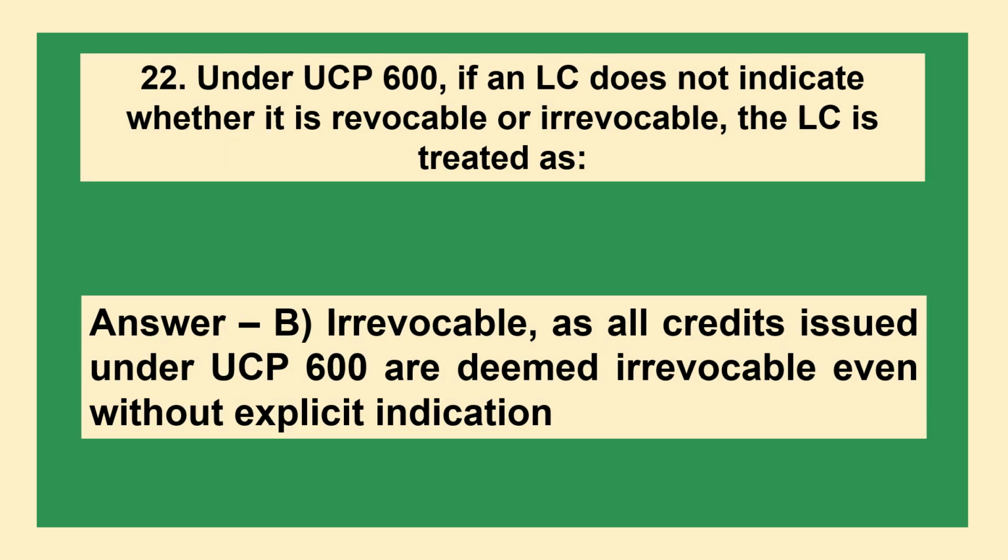The answer is option B, irrevocable, as all credits issued under UCP 600 are deemed irrevocable even without explicit indication.